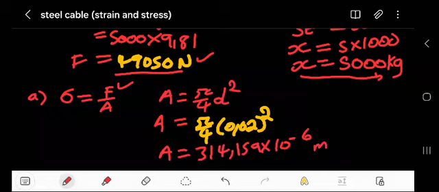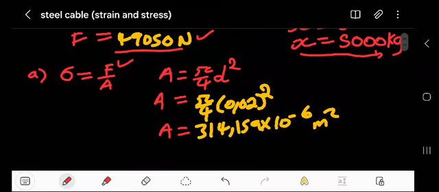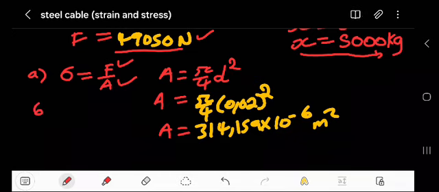This would be measured in meter squared or square meter, which is the area. It's fine, we have the force, we have the area. Now we can substitute our stuff there.